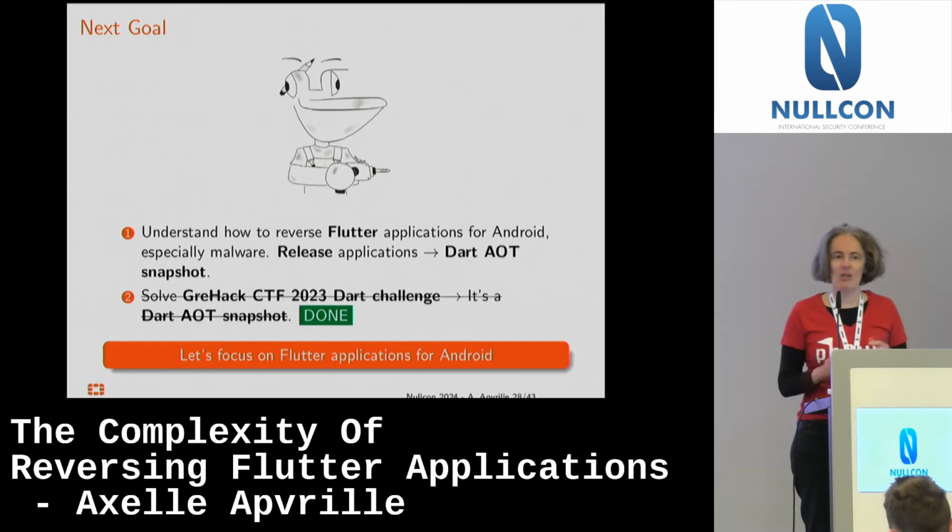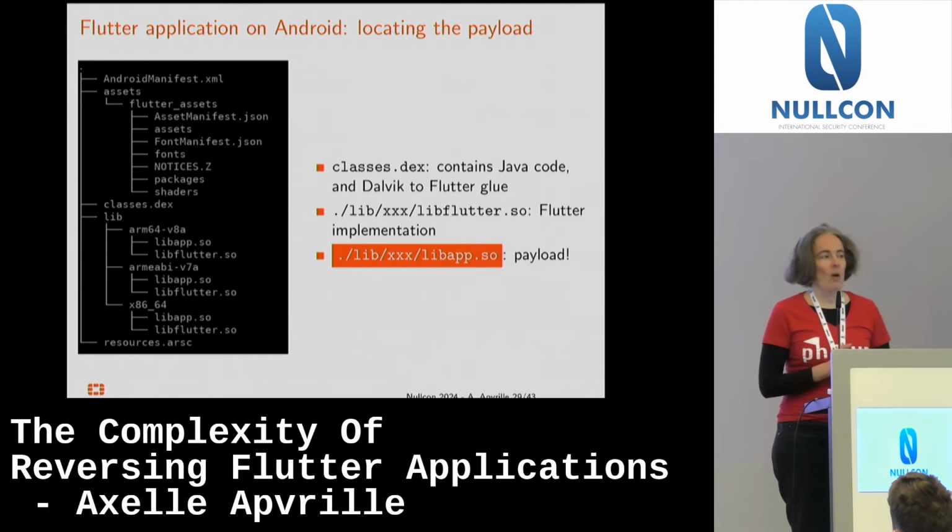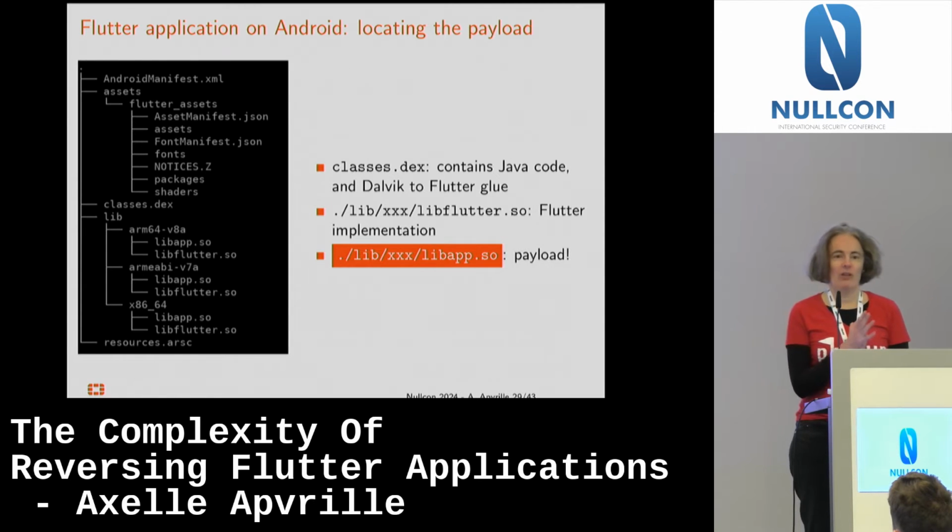The other one is how about reversing Flutter applications this time? So if you get an Android Flutter application, well, if you're used to reversing Android applications, you know that they come in a package, which is called an APK Android package.